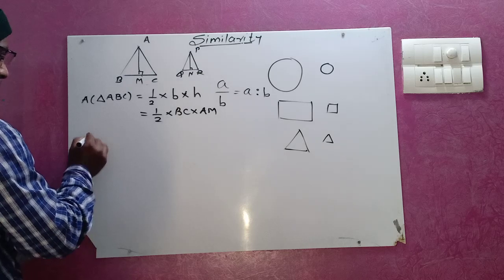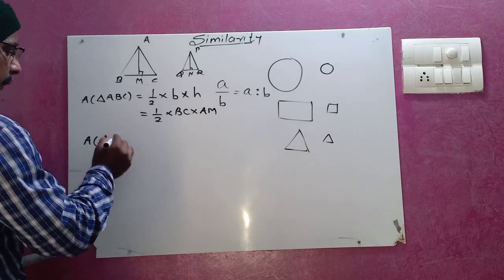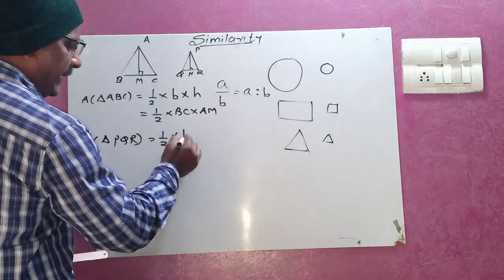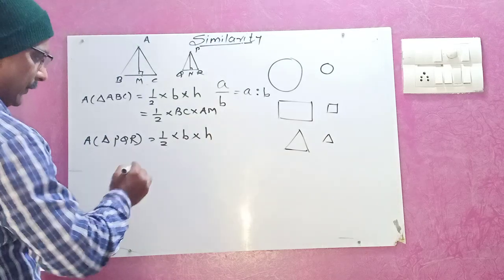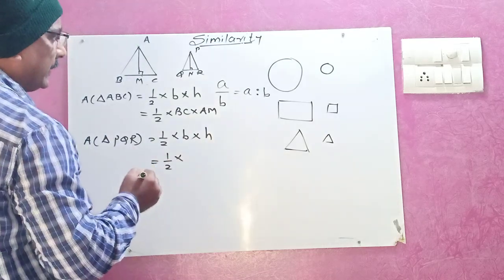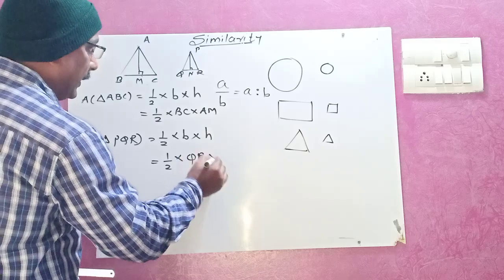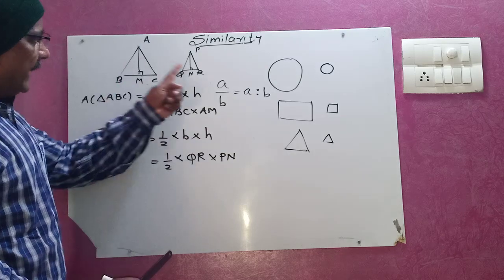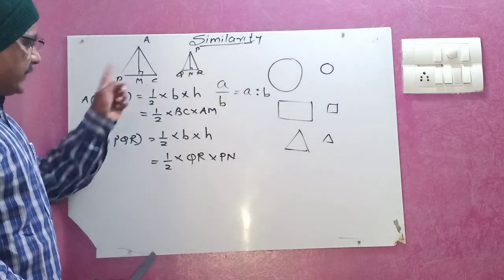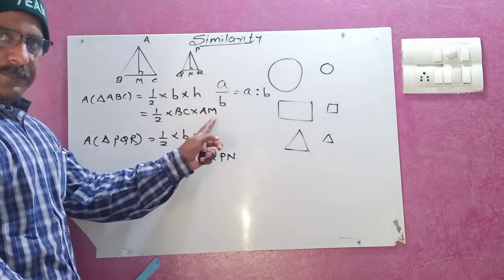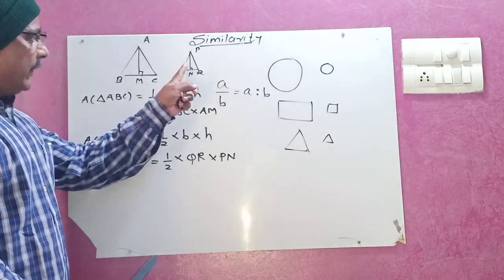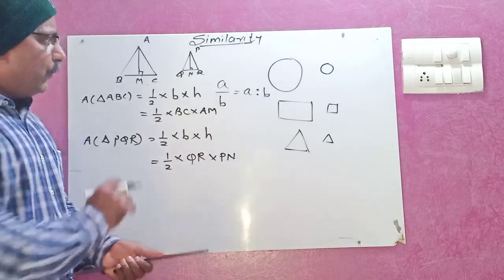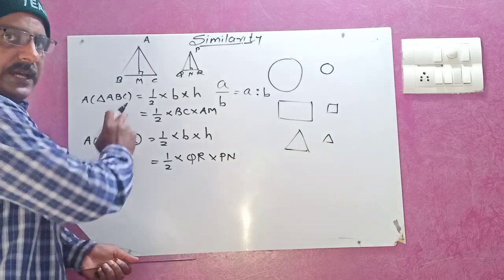Same way, area of triangle PQR is half into base into height, that is half into QR into PN. So here we have two triangles. The area of this triangle is half into BC into AM and the area of this triangle is half into QR into PN.